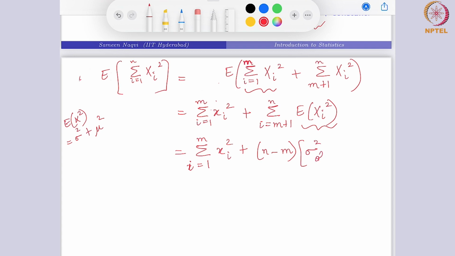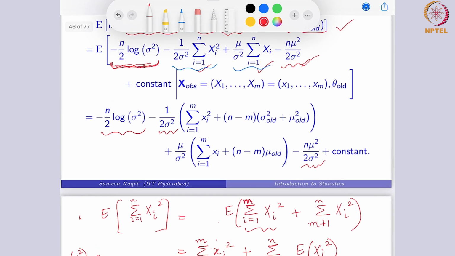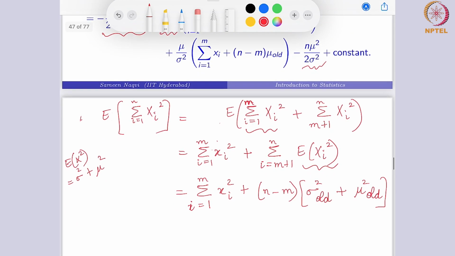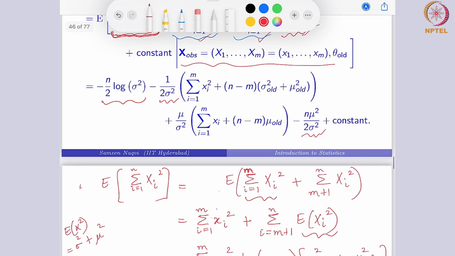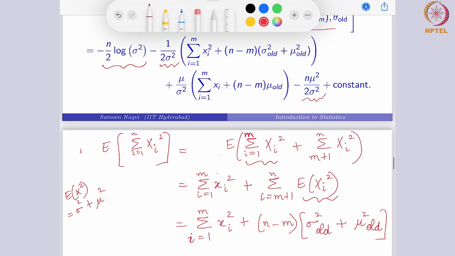Since here we are given the old parameter values, we will substitute those. I have not written this part, the x observed, so you can understand it in that way only. These are the given things that we have. I've simply simplified it for you to understand.